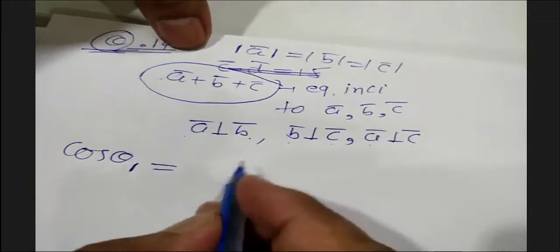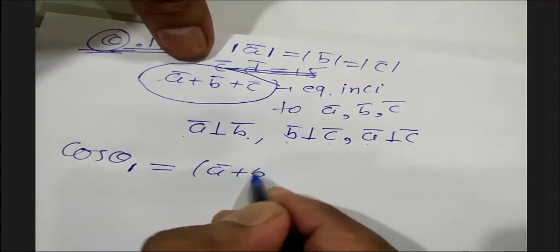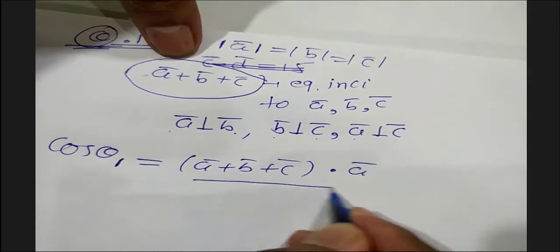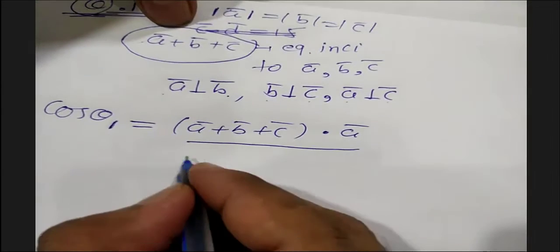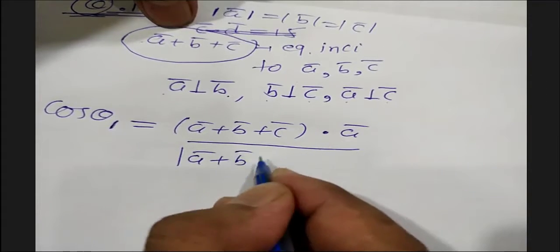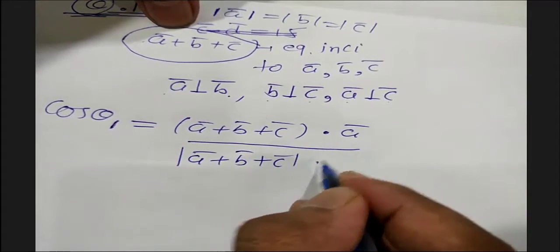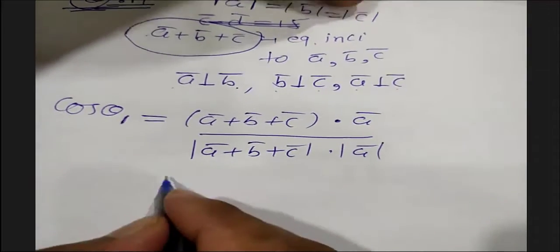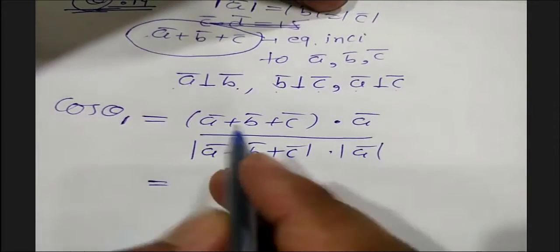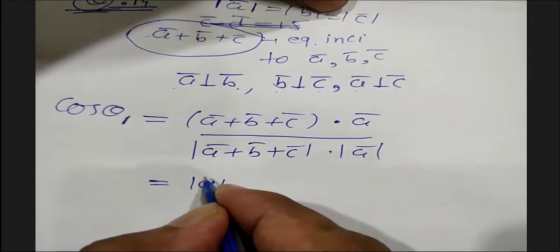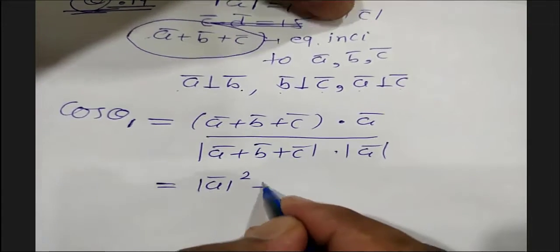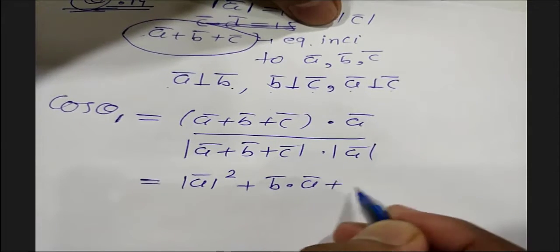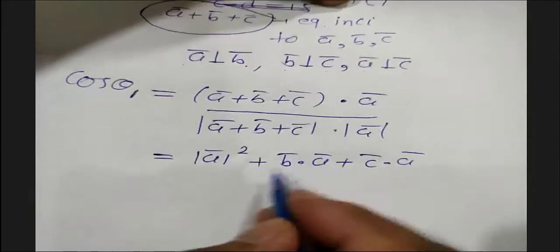So let's find the angle. cos θ1, this angle is between A bar plus B bar plus C bar and A bar. So we have (A bar plus B bar plus C bar) dot A bar upon the magnitude of (A bar plus B bar plus C bar) into the magnitude of A bar. Let's multiply: magnitude of A bar squared, B bar dot A bar, C bar dot A bar.